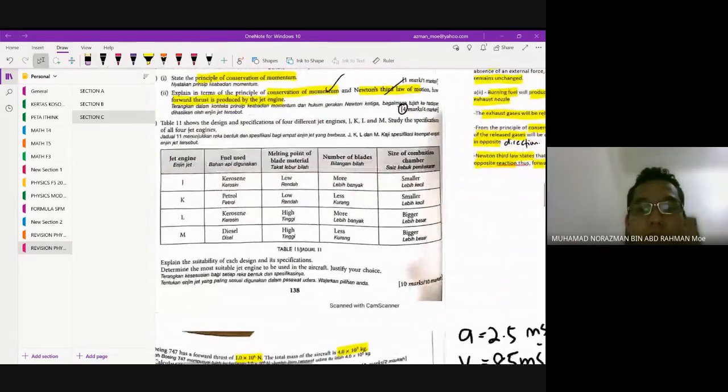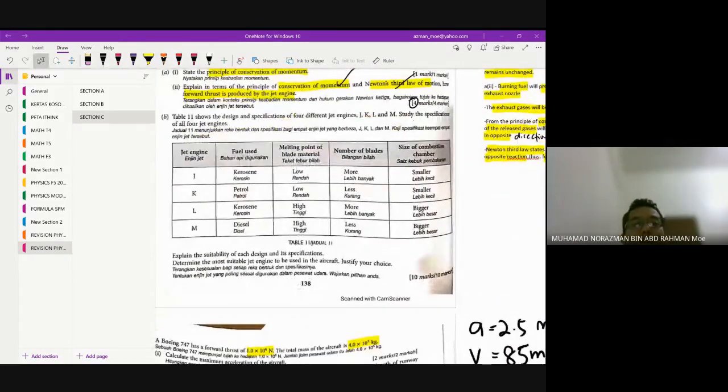Question B. Table 11 shows the design and specification of 4 different jet engines. Study the specification of all 4 jet engines. Explain the suitability of each design and specification. So first one, fuel used. Which one is better? For fuel, we always use kerosene. You can see there are 2 kerosene here, so it's highly probable that it is kerosene.